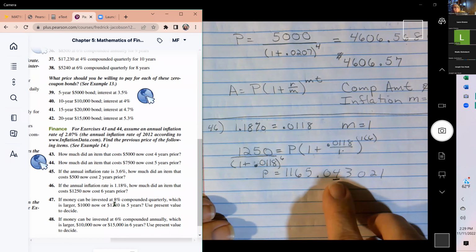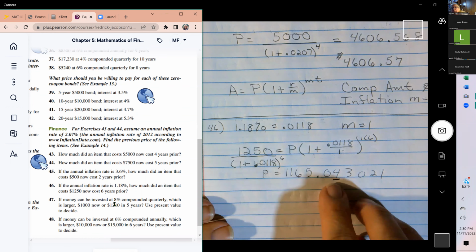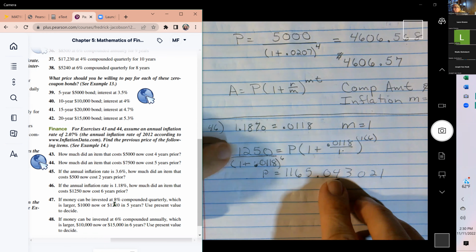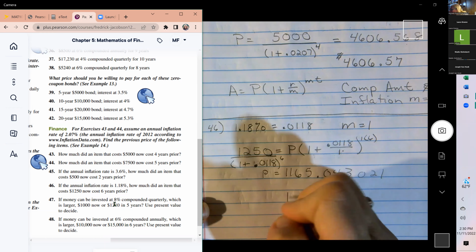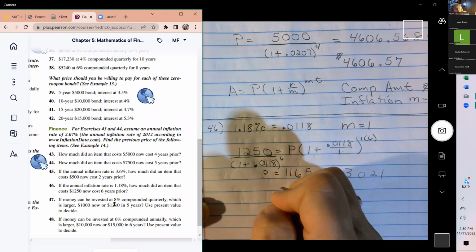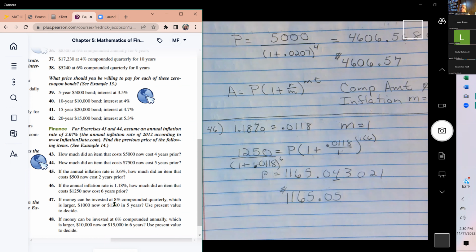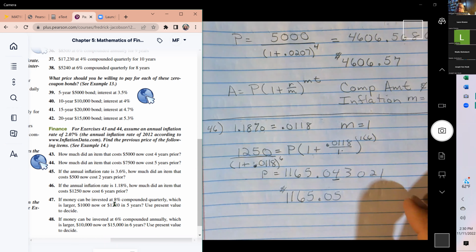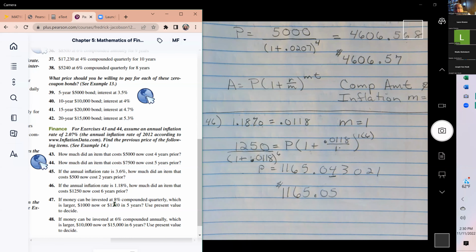Here, and of course, again, because this is present value, we need to round up or we won't hit our 1250. The keywords to watch for in MyMathLab: if it says round to the nearest cent, use normal rounding.